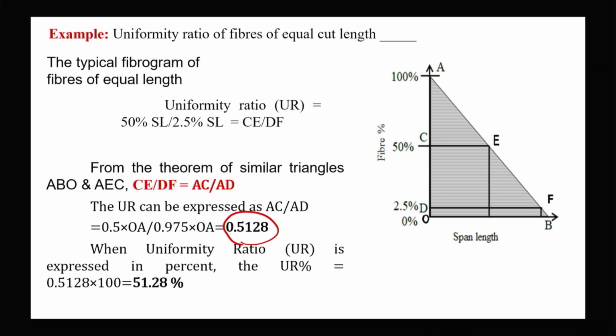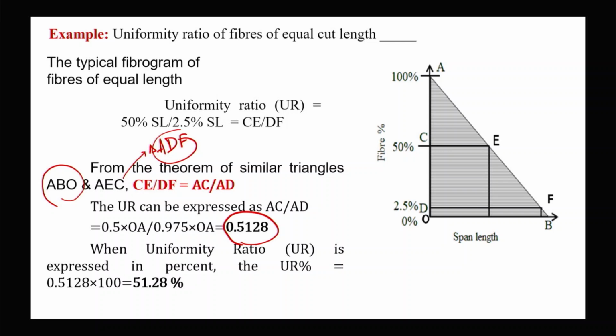And here AOB is also an equal triangle, but here ACE and ADF, between these triangles we can get this relationship.